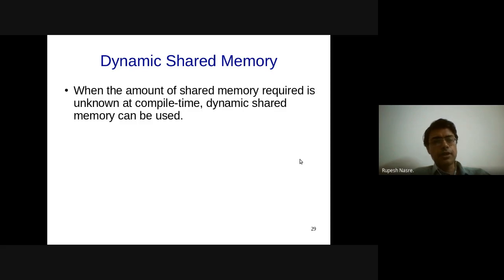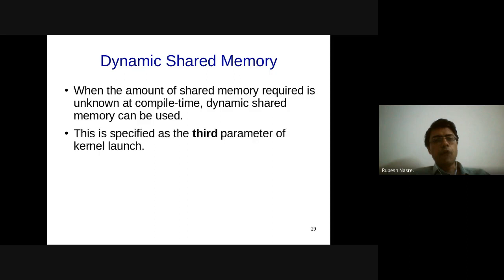Okay, so dynamic shared memory is required when you don't know at compile time, while you are writing the program, for example, how much memory is going to be required, right? And that is going to be specified as a third parameter to the kernel launch, right? So it seems a little odd that you need to specify it in the kernel launch rather than inside the kernel.